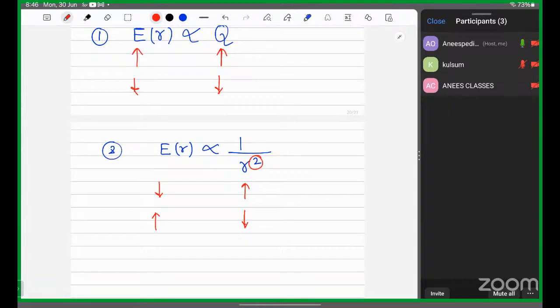But here we have square. So what is the effect of the square? If you increase R by factor 2, it will be 2 square, which means 4. So when you increase R by factor 2, E will reduce by factor 1 by 4.